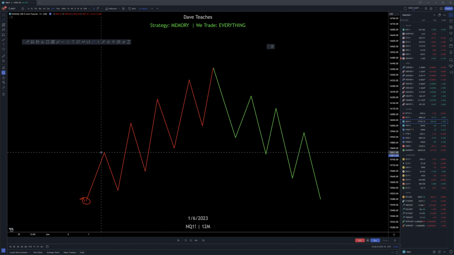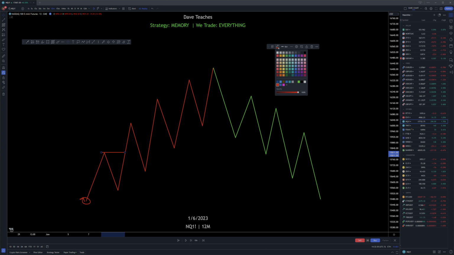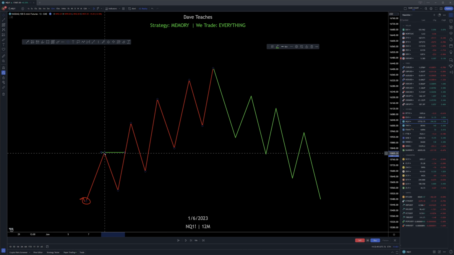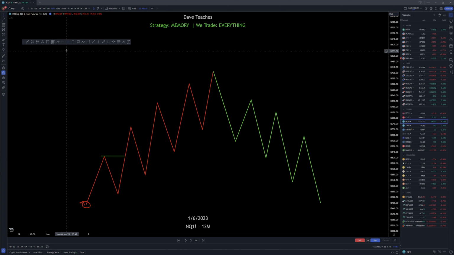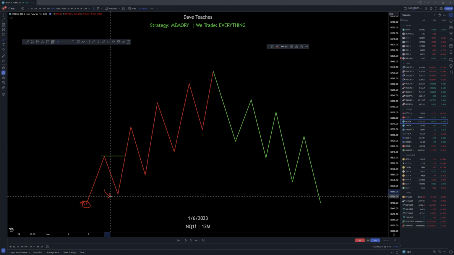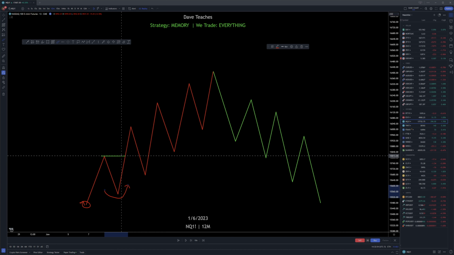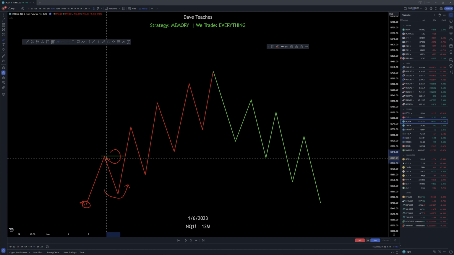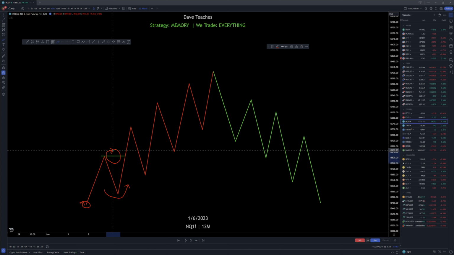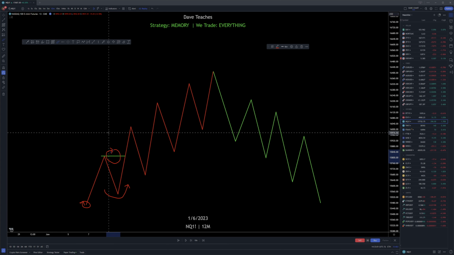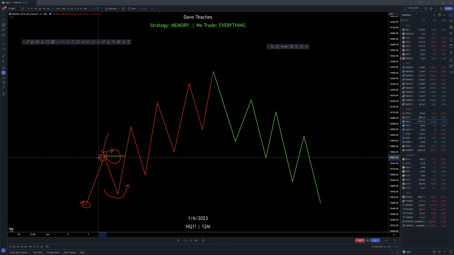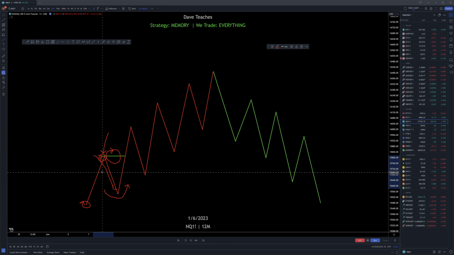So what I need you guys to understand is that when it breaks up above that previous high, you see the green high? That previous high, this low down below is not a valid or a protected low until we close up above that green high, that green line that encompasses the high that put in the low.